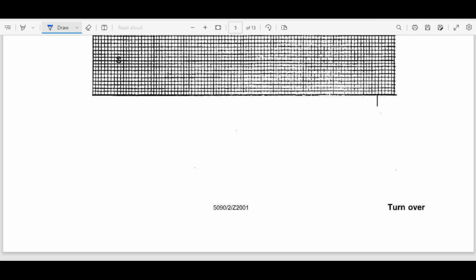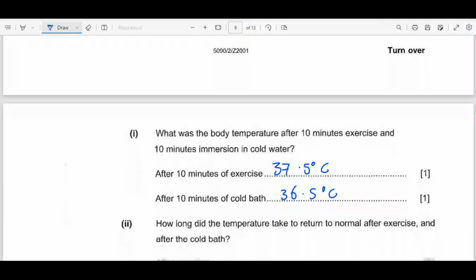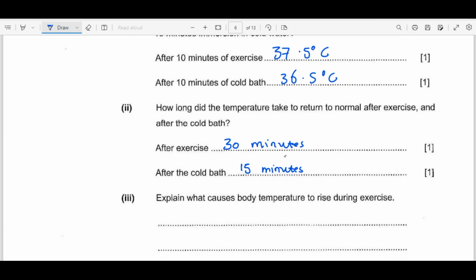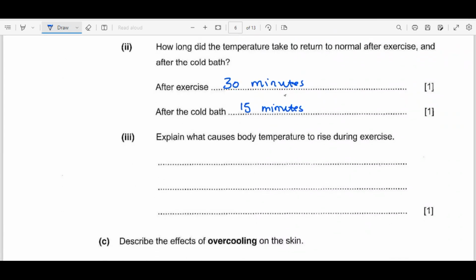So 30 minutes is my answer here. Then after the cold bath, about 15 minutes. So like I said, find the actual paper and use that to help you find the answer. Then explain what causes body temperature to rise during exercise.